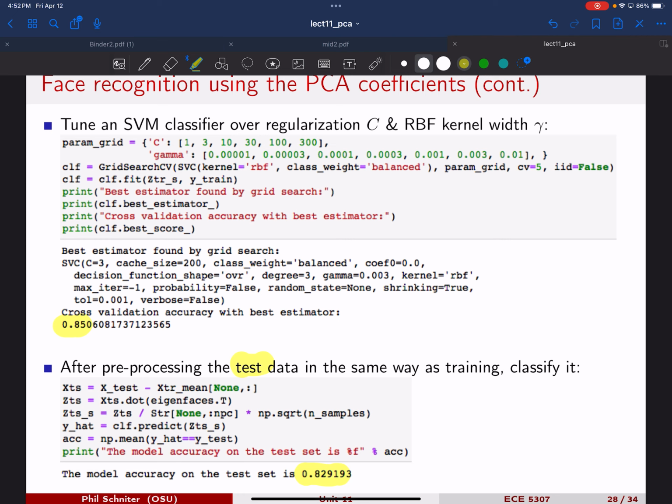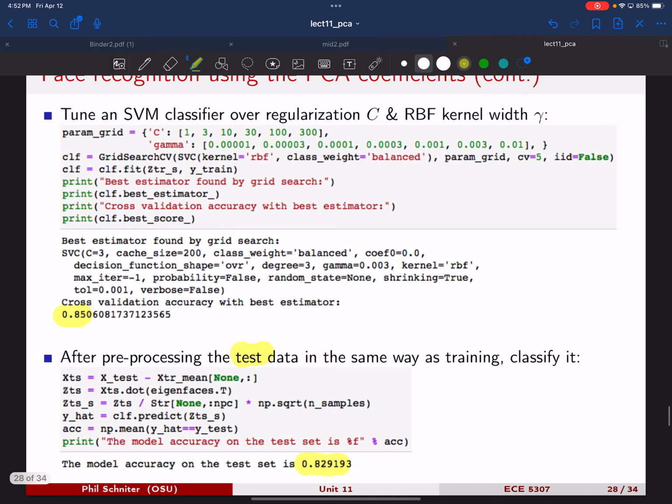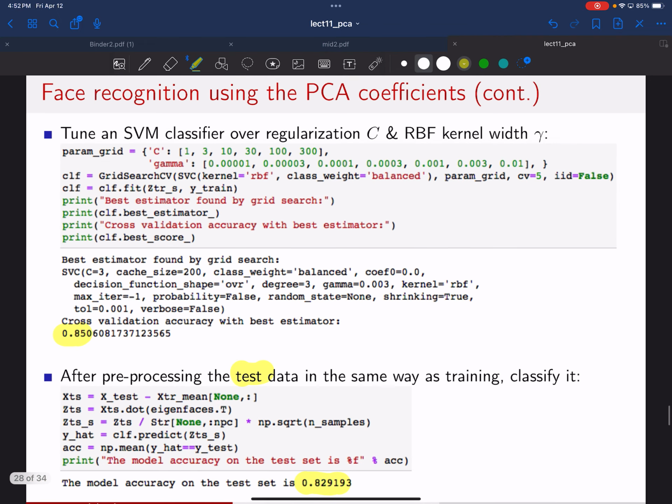So not bad with just using 100 coefficients instead of the full 1,288. As we know, the SVC is more expensive as the dimensionality increases. So not even sure if we could have run it with the full data, without PCA. It'd be interesting to know, but I didn't do that. So that's just an example of using PCA to compress features and then downstream do something else with them like classification.